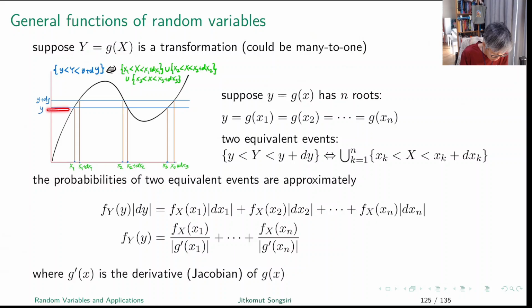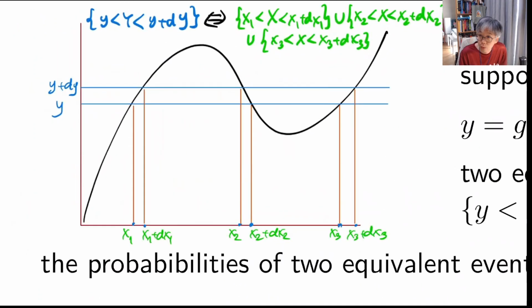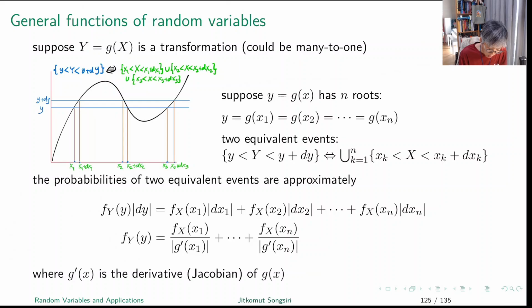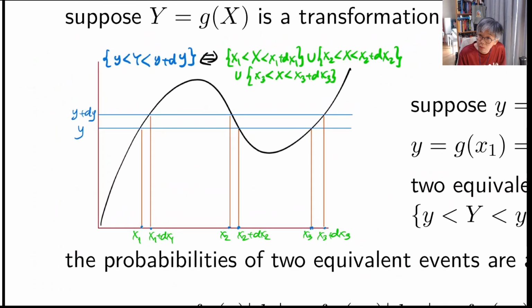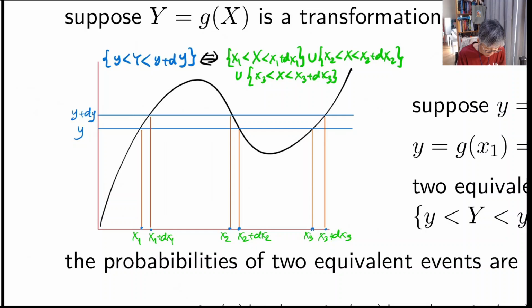For example, if y is given here, this is the first root, this is the second root, and so on, the third root. Now we're going to derive 2 equivalent events. Let's take a look at this graph closely.